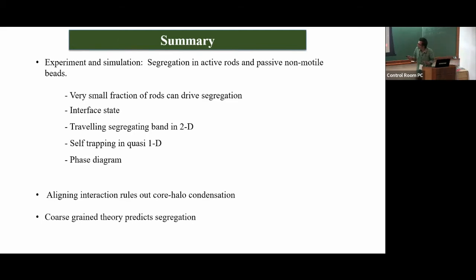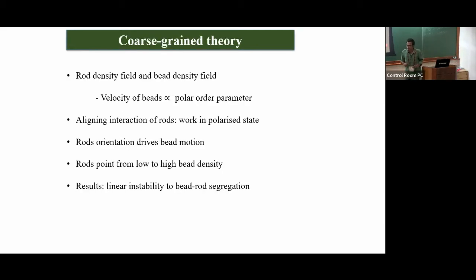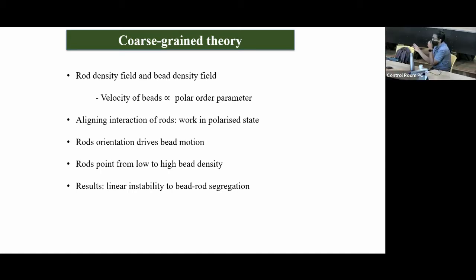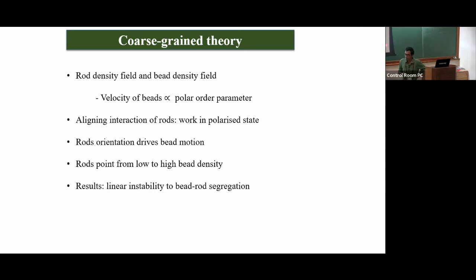I had a question regarding the aligning interaction of the rods. You said it is essentially because they are cylindrical. So if you make the rods a bit more conical, won't they have a splay of this kind, and won't that lead to this kind of segregated phase in 2D also? Right now they are essentially cylinders, so they would like to be parallel to each other, but with a conical rod there would be this type of instability.